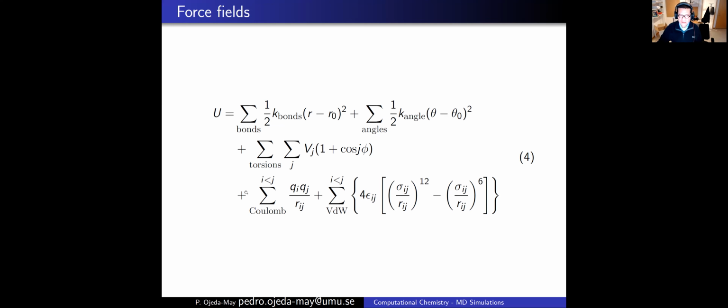And these terms here will make the difference between the force fields that you choose. There are several force fields, and I will talk about that later. Basically, they will differ in how these terms and also these parameters, for instance, K bonds, K angles, and so on, are treated.